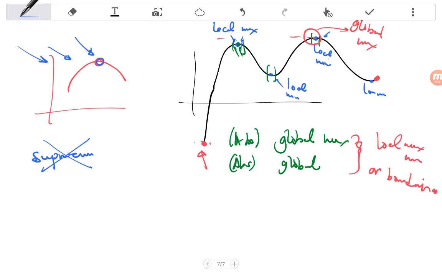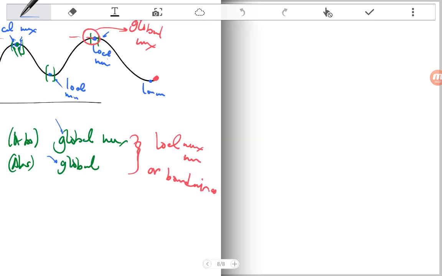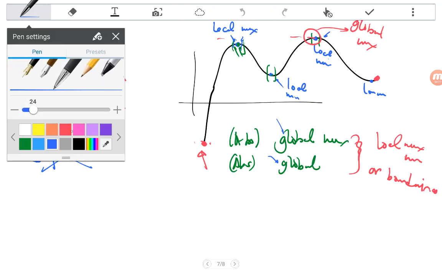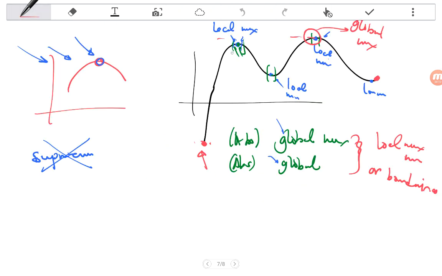So let's now learn how to find local maximum and local minimum of some function, and also how to find the absolute maximum or absolute minimum, or the global maximum or global minimum. Now, how to find a local maximum or local minimum?